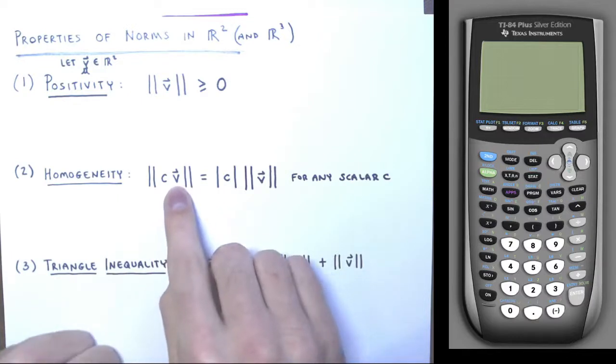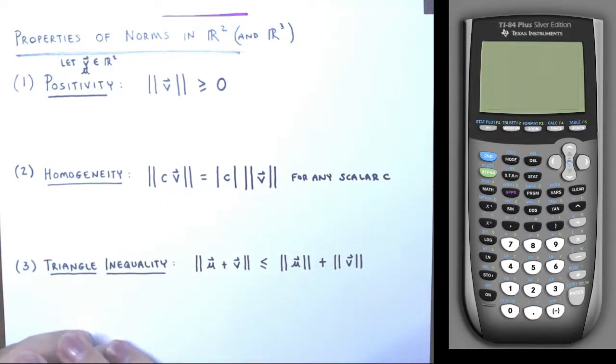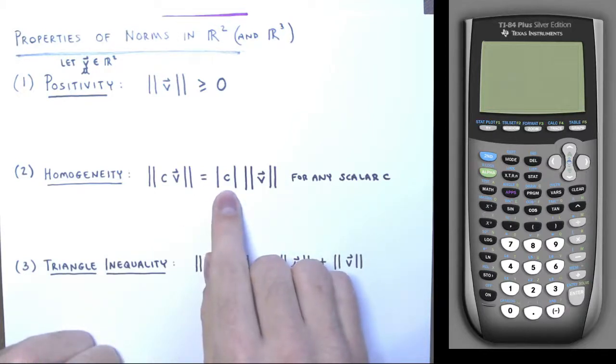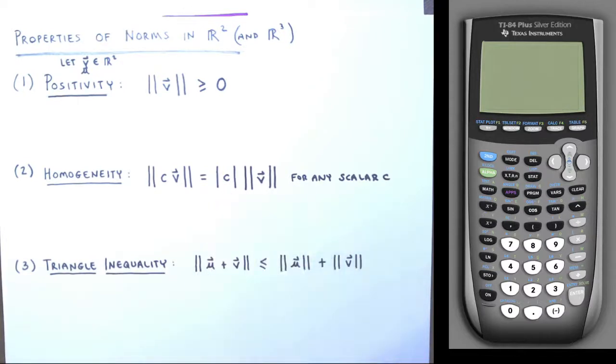So this just means if you take a vector in R2, R3, and multiply it by a scalar, it gives you a vector that's pointing either in the same direction or, if c is negative, in the opposite direction, but on the same line. They're parallel vectors. So all that happens is the length of the vector, or the norm, gets multiplied by that factor of c, and to keep it positive, we say the absolute value of c. But we'll see that happen in an example coming up.